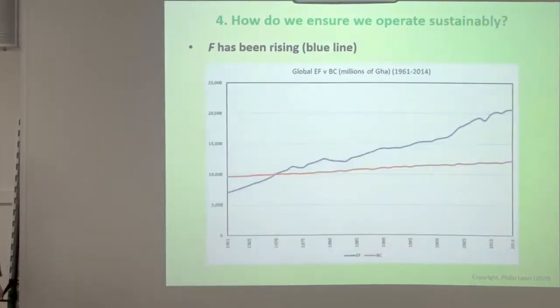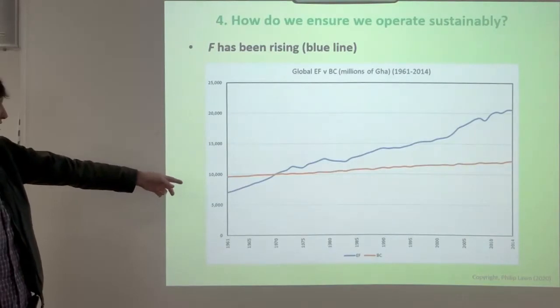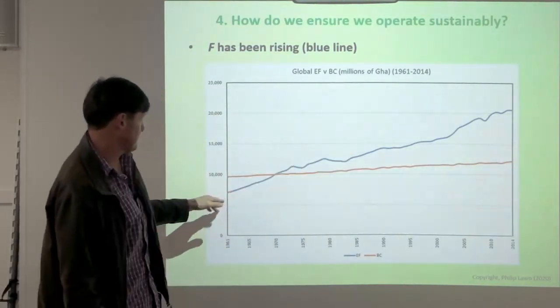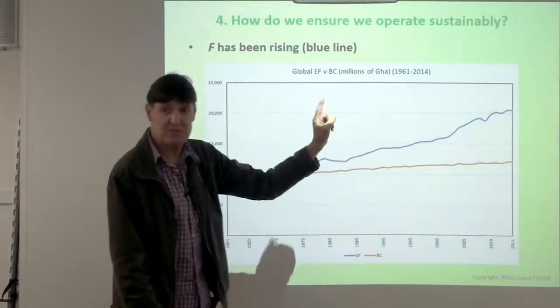So footprint, that's just the same diagram I had before. The footprint was the blue line. That's basically doubled. So it's 2 times half. So R hasn't been going down as quickly as P and A have been rising. So the footprint has been increasing and has basically doubled over the last 53 years.